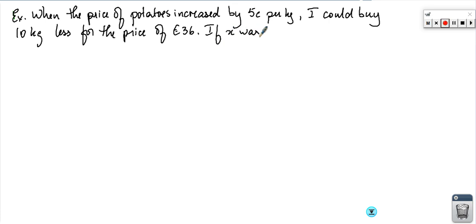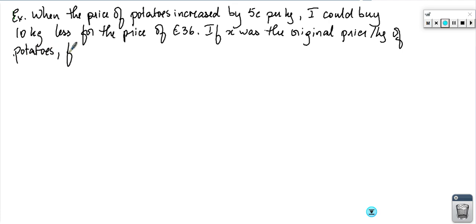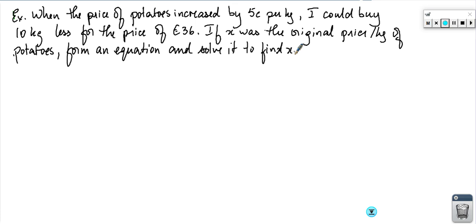If x was the original price per kilogram of potatoes, form an equation and solve it to find x.